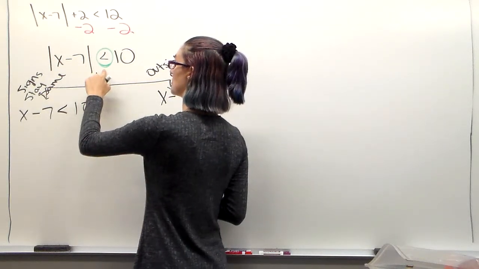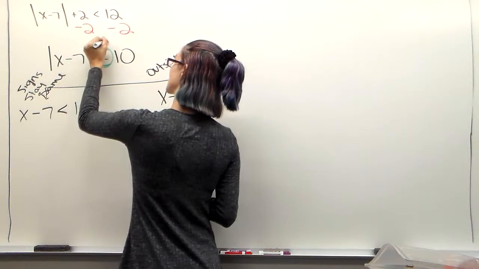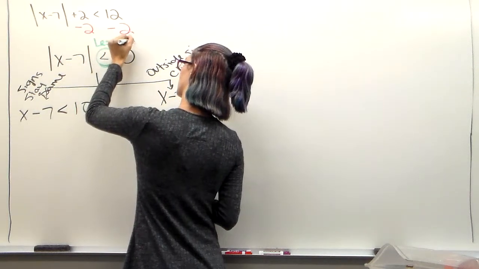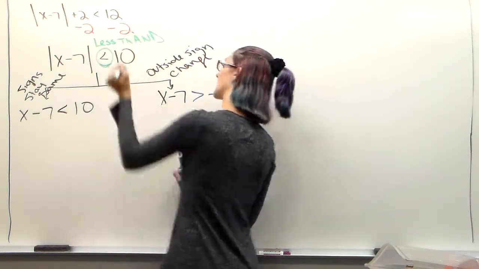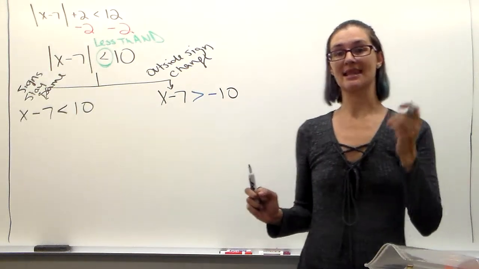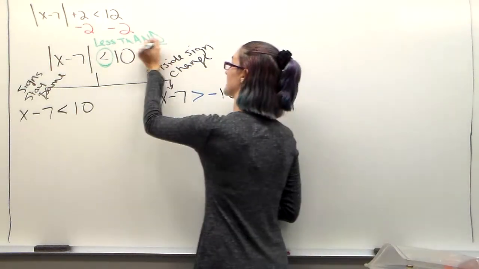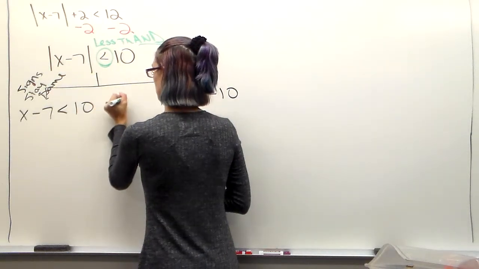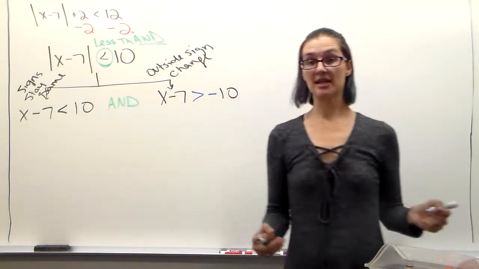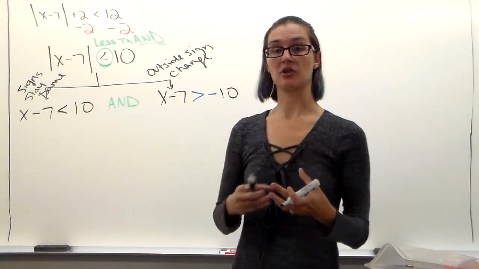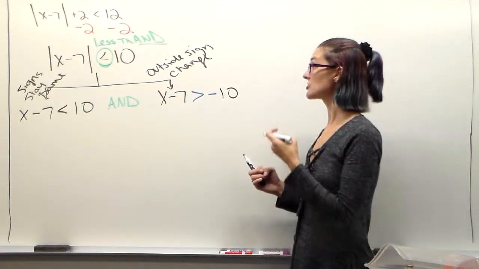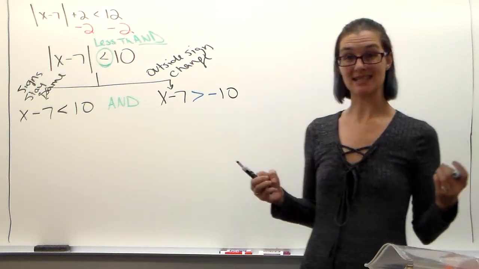And you need to make sure you know the name. This is a less than sign. Less than is a less than statement. So it's an and statement. If it was a greater than sign, it would have been an or statement. Greater or. Less than. Great-or. It's kind of built into there.